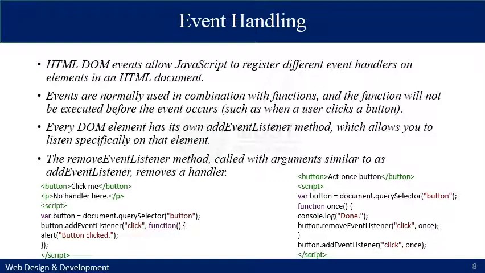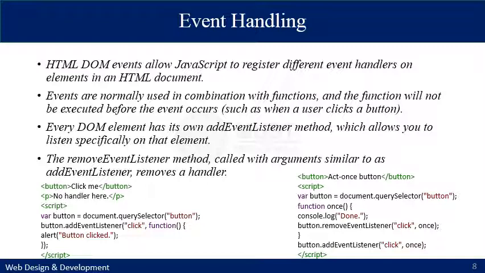So event handling is also handled by the Document Object Model, and it allows JavaScript to register different event handlers on the elements in the HTML document. As you have seen in the previous example, you can manually specify the onclick method or onmousemove method, and you have also specified the onmouseout method.